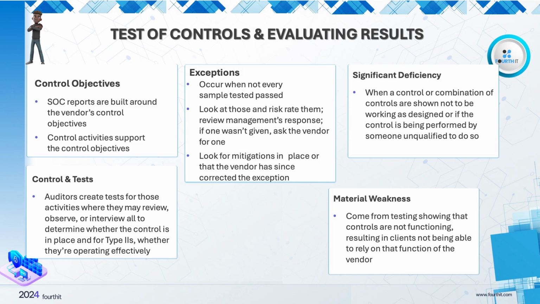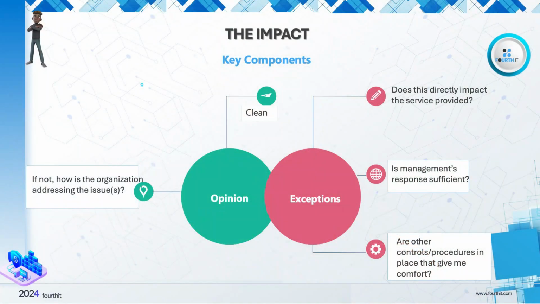Now, the impact. Whenever you are looking at the impact of a report, you need to look at the opinions. And if not, how is the organization addressing these issues? That's where the management assessment also comes in. So for you to look at the impact, you need to look at the good side and the bad side. The bad side is where the exceptions are, where you're asking questions.